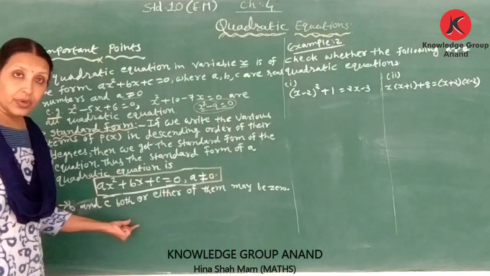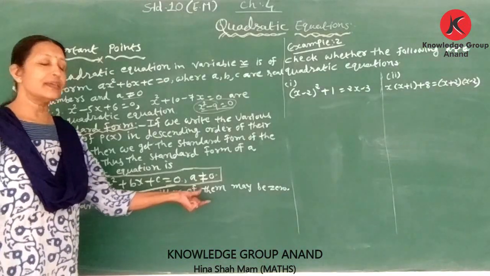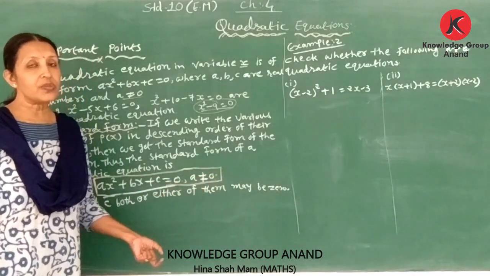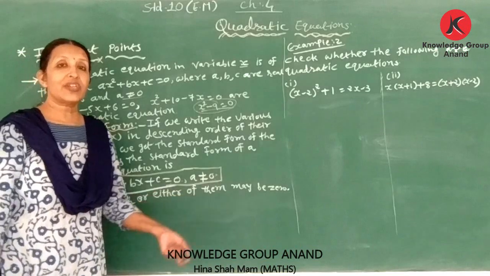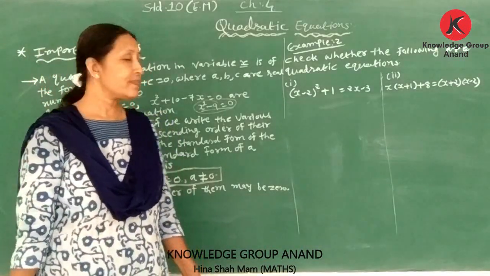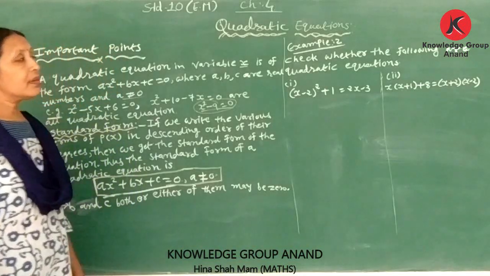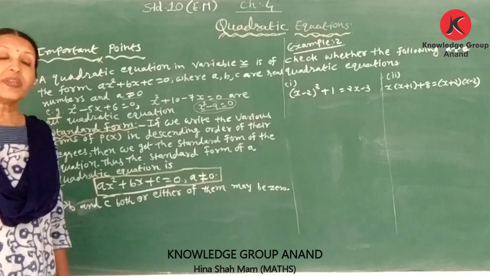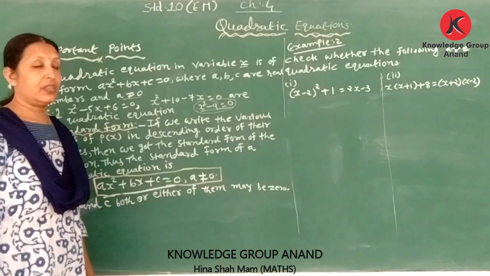If c is equal to 0, then we can say 3x square plus 2x is equal to 0 is a quadratic equation. But 5x plus 3 is not a quadratic equation, it is a linear equation.